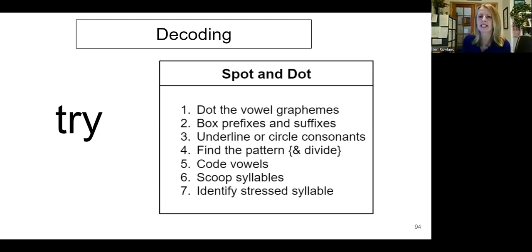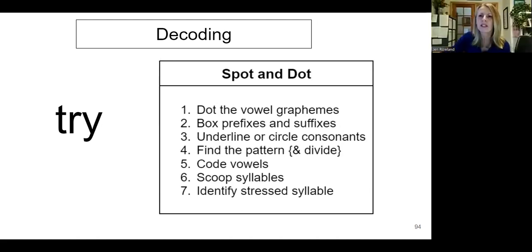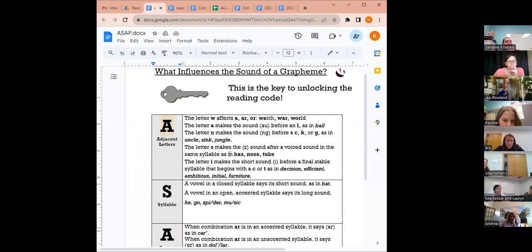And Kara, can I just show them ASAP real quickly? Because this is such a perfect time to revisit that, because so many of the elements within ASAP are at work here. If you all remember when we were together this past summer, our big question here is, what influences the sound of a grapheme? So it may be letters that are adjacent. In this case, with Y making the sound I, that's not a factor.